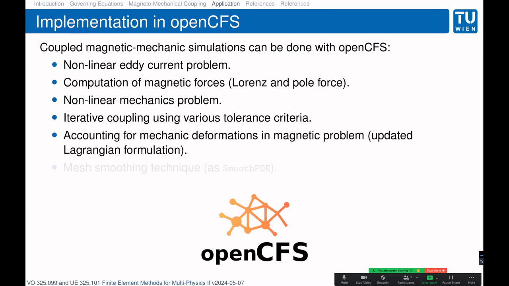You can also account for mechanic deformations in the magnetic problem by using the updated Lagrangian formulation that I presented previously. And you can use, recently, the mesh smoothing technique again that takes care of mesh deformations in the air domain that don't have any mechanical deformations.